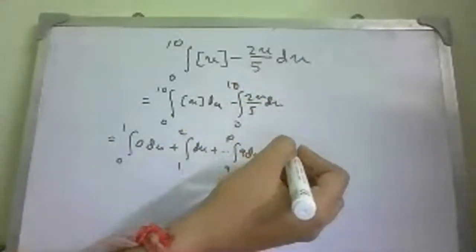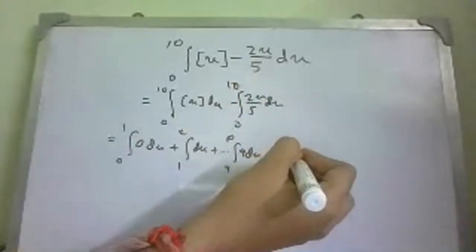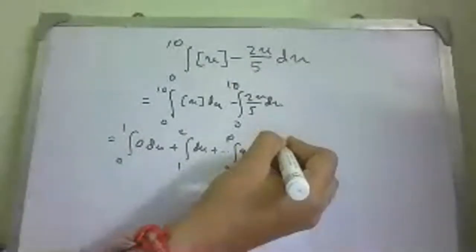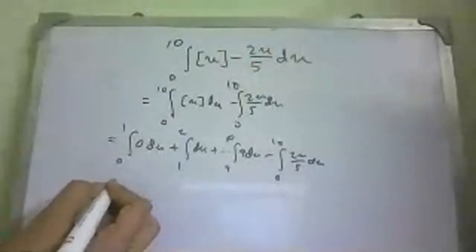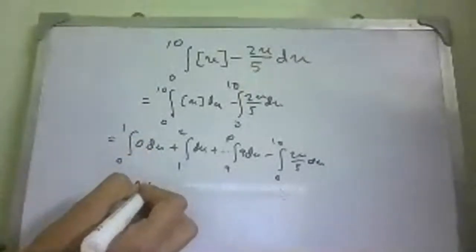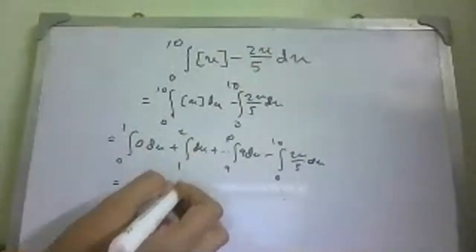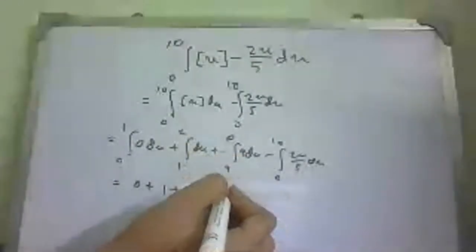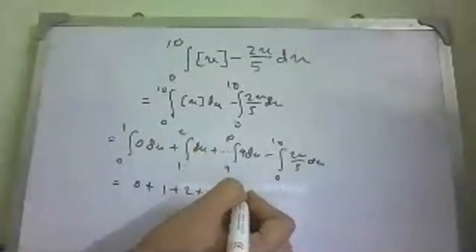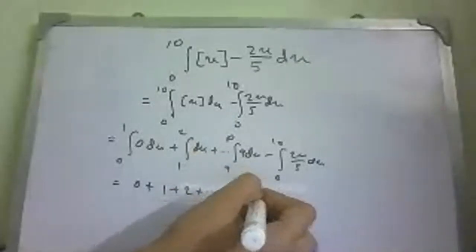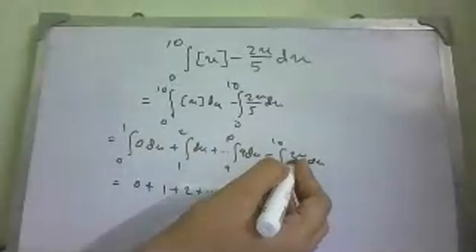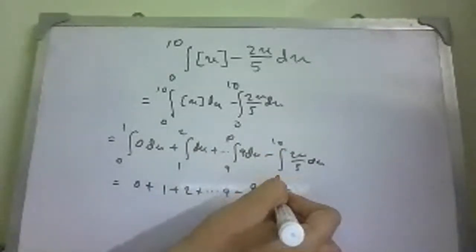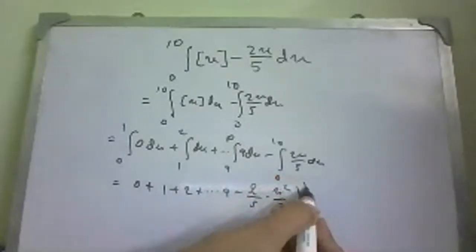And what about this particular function? This is a pretty trivial one. Let's keep it for now. This is 0, this is 1, and if we continue adding all these terms, we'll get something like this. And the integral of x is x squared over 2, from 0 to 10.